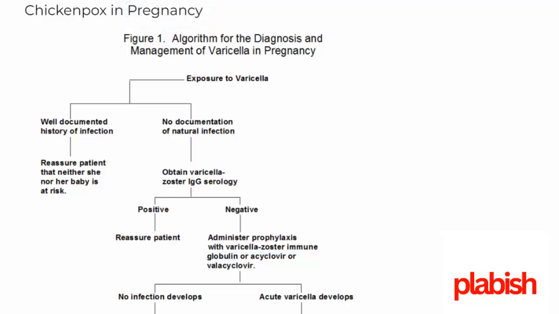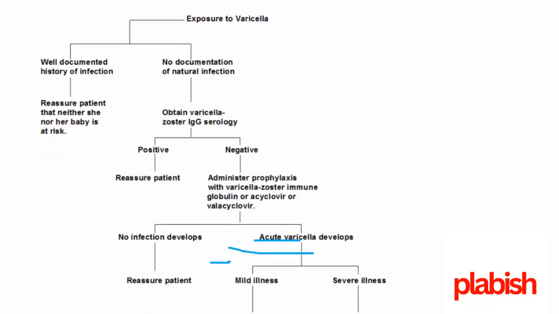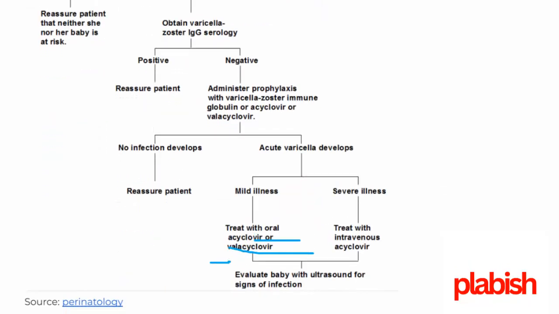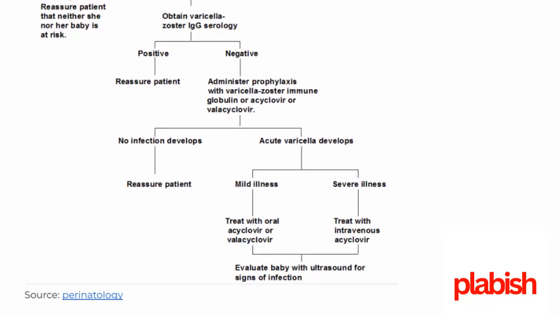This is why we will be prophylactically administering this immunoglobulin. Then we will observe the patient. And for example, if the patient does not develop any infection, we will reassure the patient.